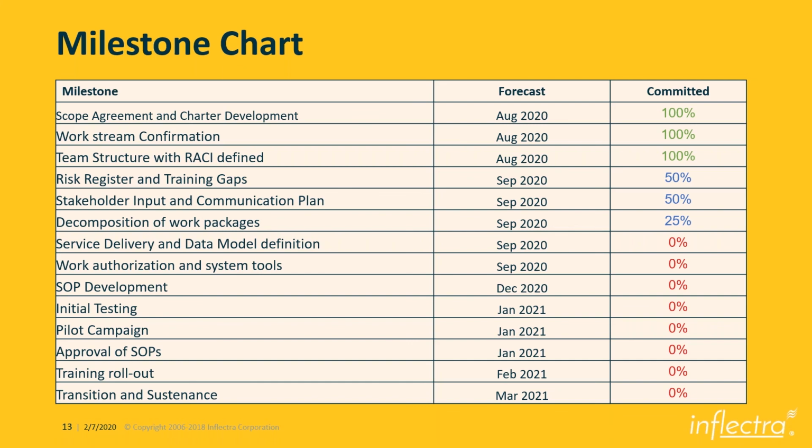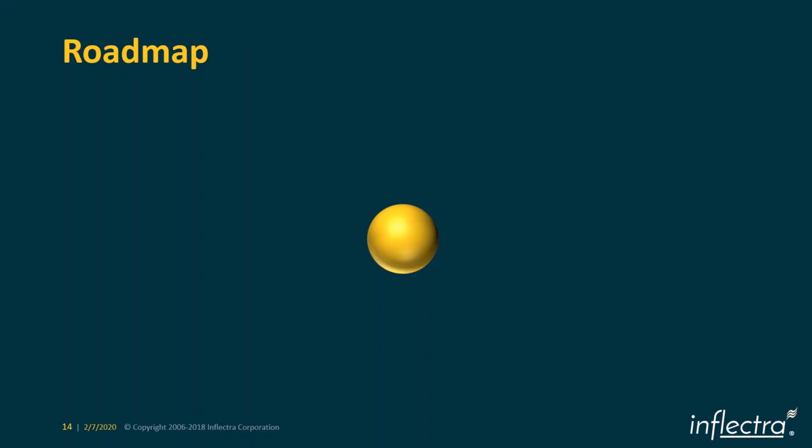So a milestone chart could also be used as you are getting a little bit more detailed in terms of how you work with different projects and program members at this point.